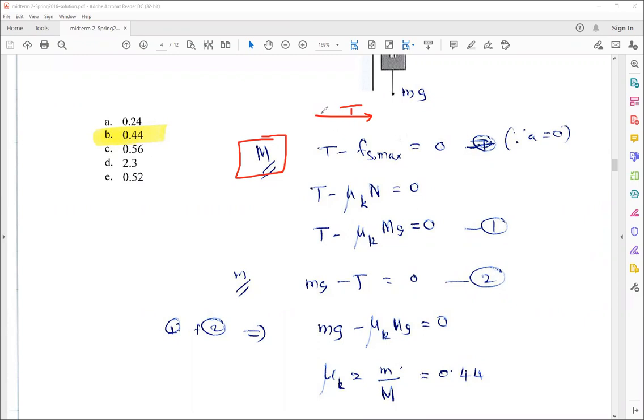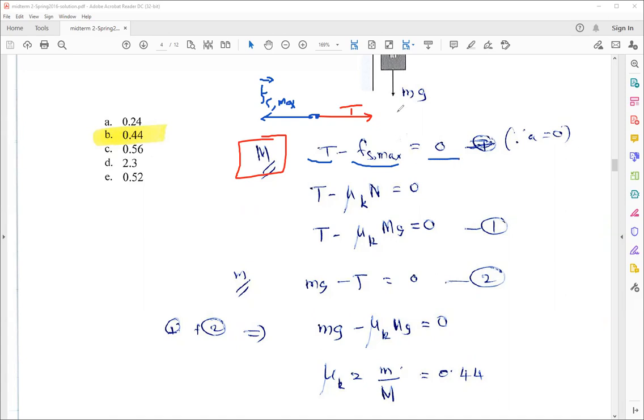Tension is to the right, and to the left you have static friction, and we're talking about the maximum static friction, which will give us the coefficient of static friction. If I consider the positive direction to the right, tension minus maximum static friction. The block is not accelerating, so it is equal to 0.